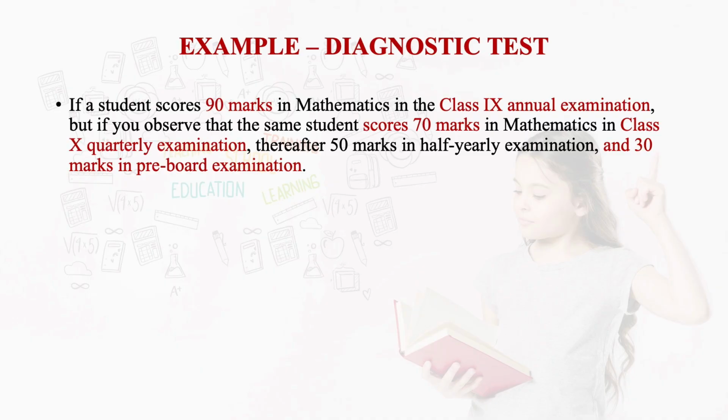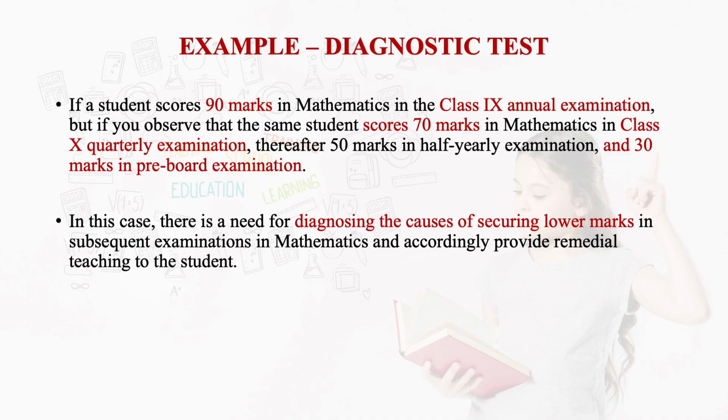An example we can discuss here: if a student scores 90 marks in mathematics in class 9th annual examination, but as a teacher you observe that the same student scored 70 marks in mathematics in class 10th quarterly examination, then it becomes 50 in half yearly examination, then further it reduced and becomes 30 marks in pre-board examination.